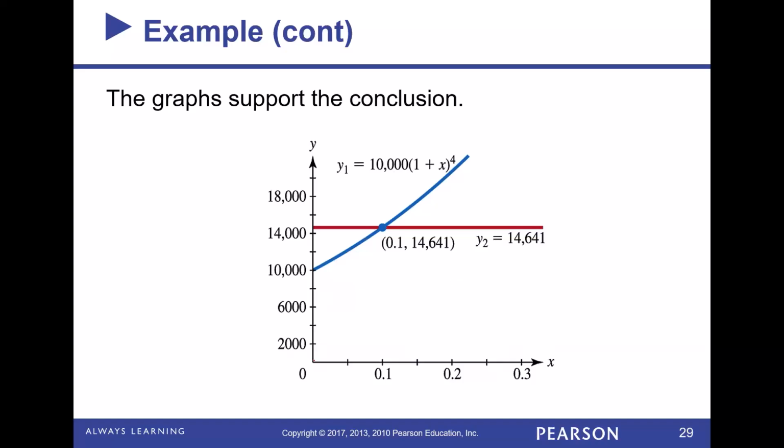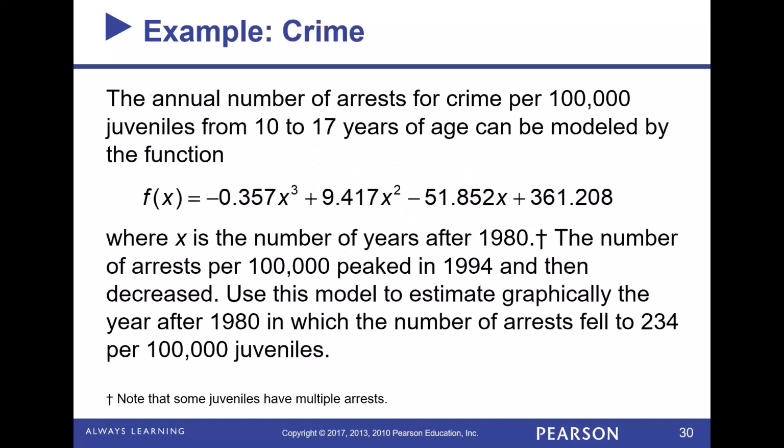You'll notice I had to adjust from 0 to 0.3 for the X values, and then 0 to like 18,000 on the Y values. So is it possible to use a graphing calculator? 100% yes. Is it practical? It depends on how well you are with your graphing calculator.